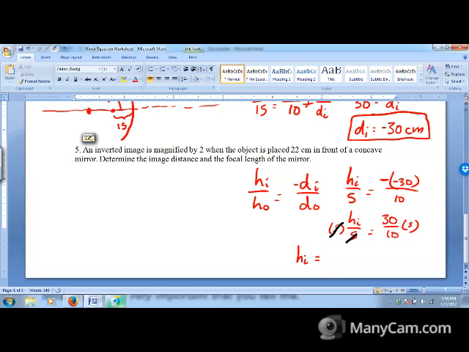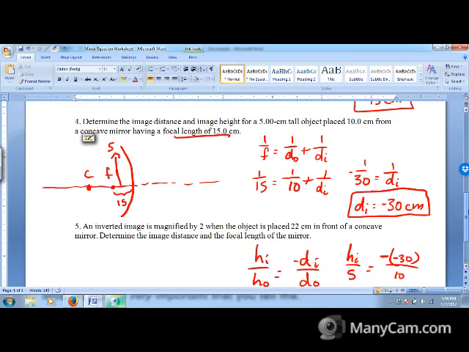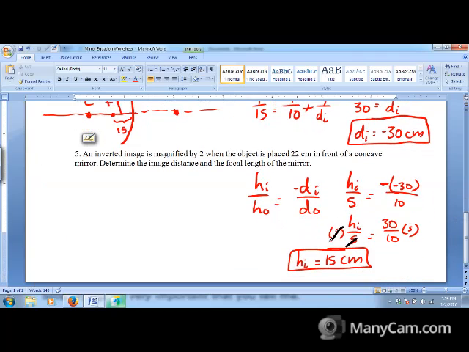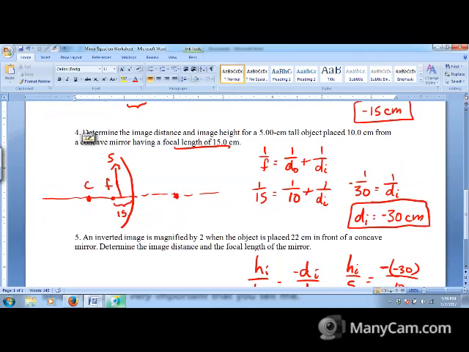And your image height is 30 over 10, which is 3, times 5, which is 15 centimeters. Now, we have an image distance of negative 30 centimeters. So if this was 15, this would be about 30 centimeters in the other direction. And the image height is 15 centimeters. So it's 3 times whatever we said for here. So it's going to be really big.